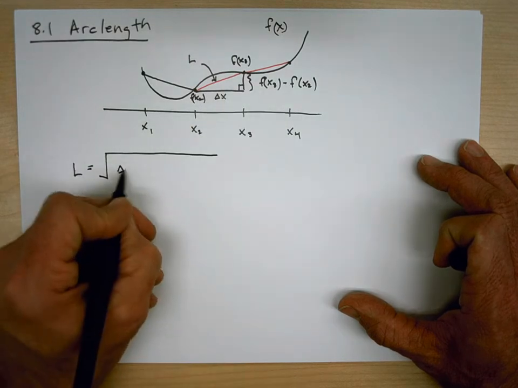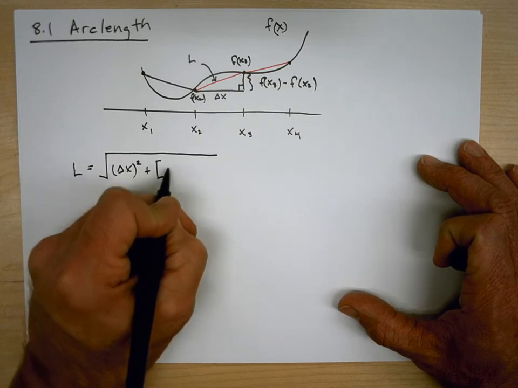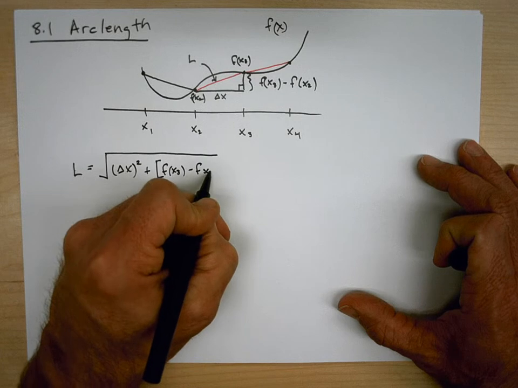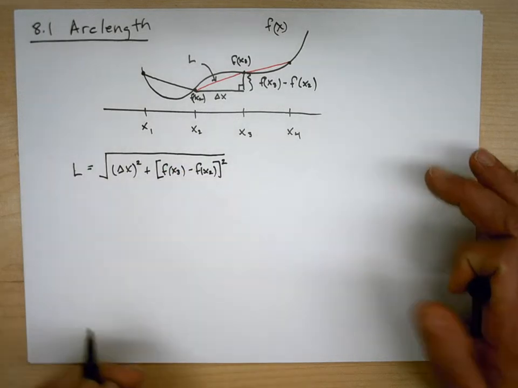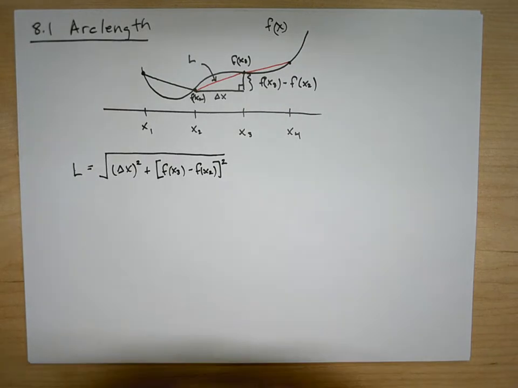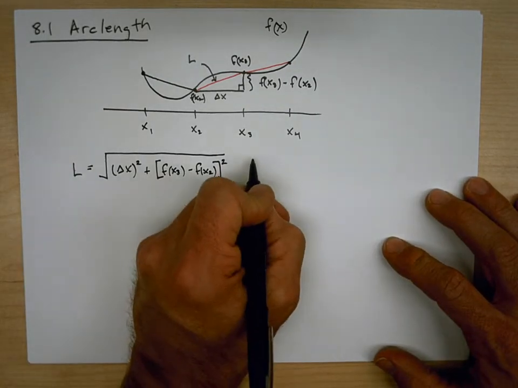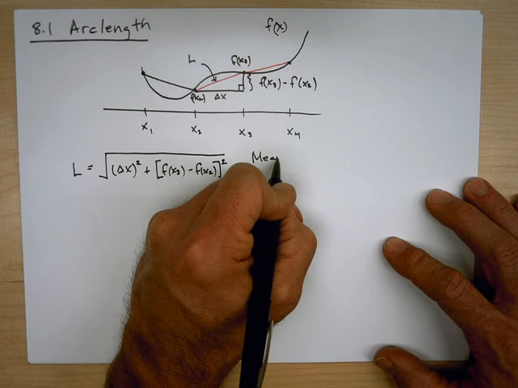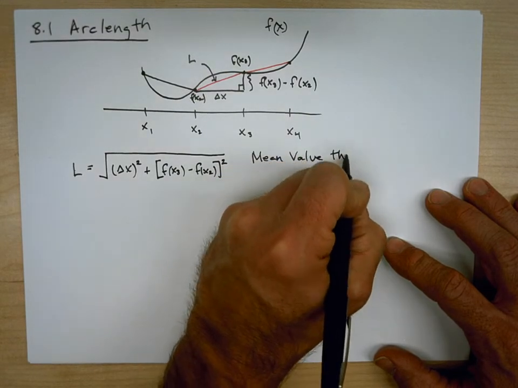So that's delta x squared plus f of x3 minus f of x2, squared. Okay? So that's what we start off with. Now, the mean value theorem, and we studied this in 251.